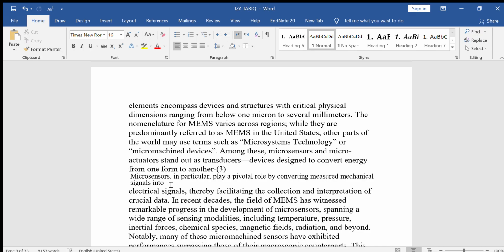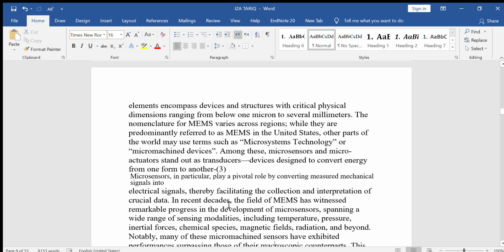When the scanner is applied to a patient, its mechanical signals convert into electronic signals. Basically, the principle of the microsensor is to convert mechanical signals into electrical signals, thereby facilitating the collection and interpretation of crucial data.